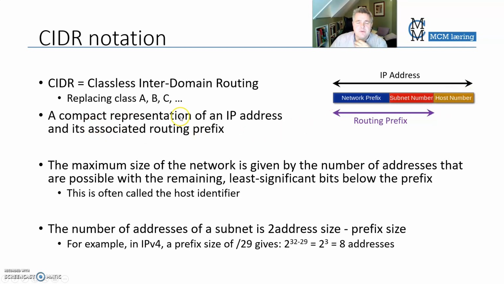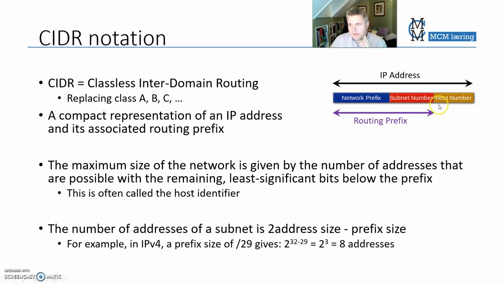So it's a compact representation of an IP address, which is classless interdomain routing, replacing classes A, B, and C. The division line between the routing prefix and the hosts would, with classes A, B, and C, be confined to 8-bit hosts, 16-bit hosts, or 24-bit hosts.